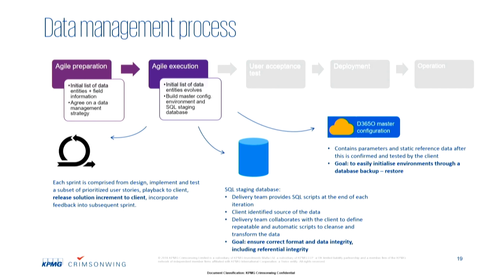Thus, static data is going to be moved from one environment to another using database backup, restore, and the master configuration environment, while dynamic data is going to be imported through data entities and the data management framework.